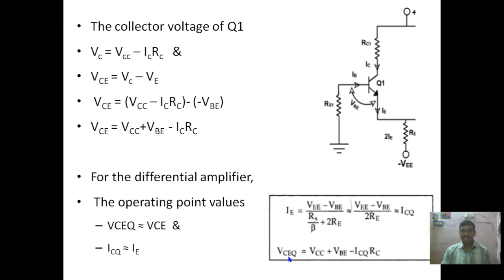And in VCEQ also, if you know the VCC value, VBE is a known value and RC is a constant value. ICQ value is also a known value if you know the VEE voltage.